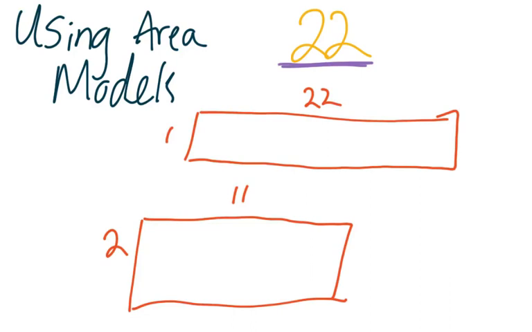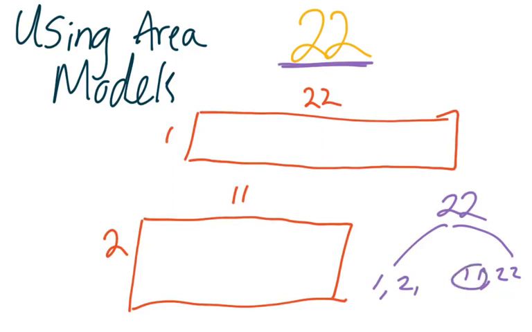I know that I can't have any others because if I draw myself a factor rainbow for 22, I have 1 times 22, those are factor pairs, 2 times 11, those are factor pairs, 3, nope, 3 won't work because if I find my digital sum, 2 plus 2 is 4, which is not equally divisible by 3, so 3 is out. 4, no, I know 4 doesn't work because if I double 2, I'd have to have 11, and half of 11 is not a whole number, and for factor pairs, I'm only looking for whole numbers.